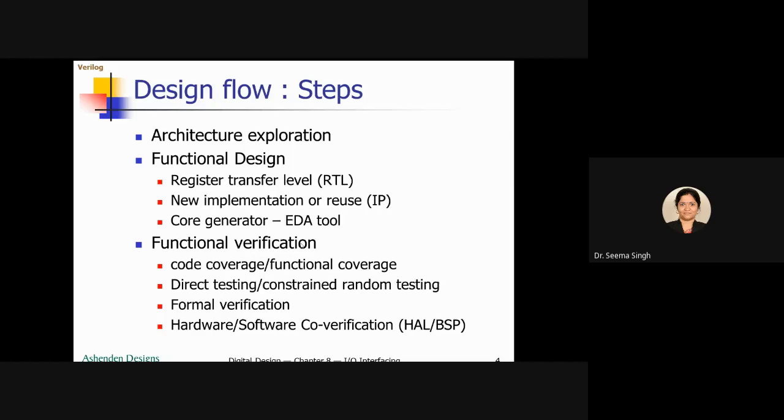So all the lines will not be executed. If a term of if and else comes, either the code under if will be executed, or the code under else, or under another else if will be executed. So code coverage means when you are doing this simulation, each line has to be executed at least once.